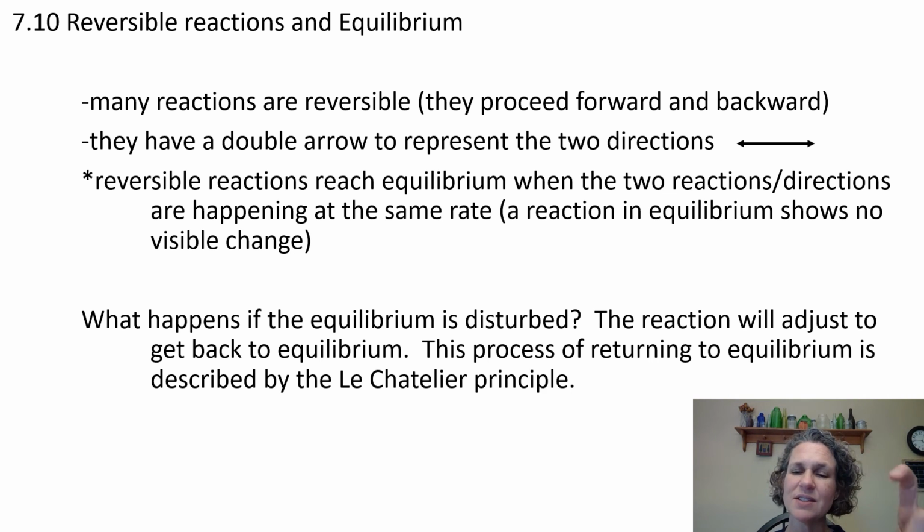And this process of returning to equilibrium, and this is the last little section in your book, is described by a principle called the Le Chatelier principle, and it basically explains how a reaction gets back to equilibrium. We'll go over it more when you guys take chemistry full year in a couple of years, but I do want you to be aware that that's a thing.